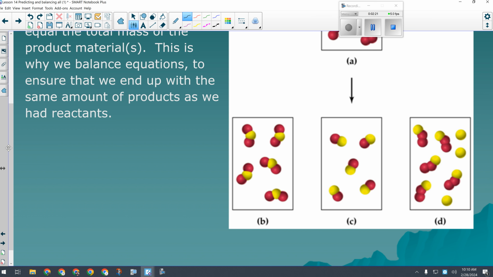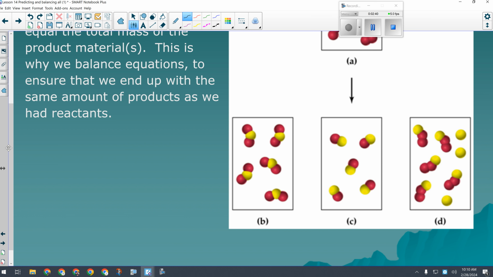Which one? There's 2, 4, 6, 8, 10 red ones in this one, but there's only 1, 2, 3, 4, 5 yellow ones. Did I destroy some matter in that one? Obviously C is not right. There's just way less stuff in C than there is in A.